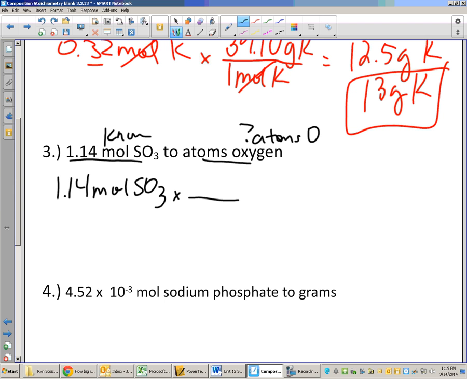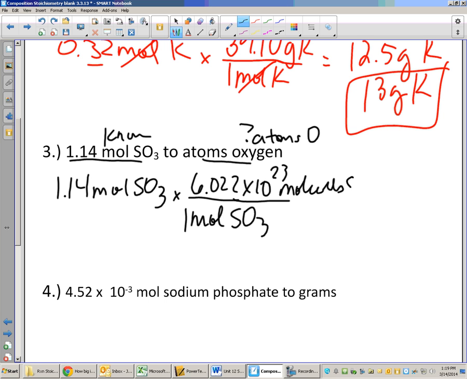I want to go to molecules. Nope. All right, because that's a particle, right? Molecules is one of your 3 particles. So look at that first page of your notes as much as you can so you can ingrain that in your brain there. 1 mole of sulfur trioxide, so I put moles in the bottom because they have to cancel, is equal to 6.022 times 10 to the 23rd molecules of SO3.